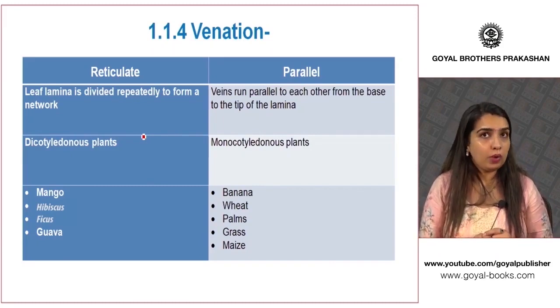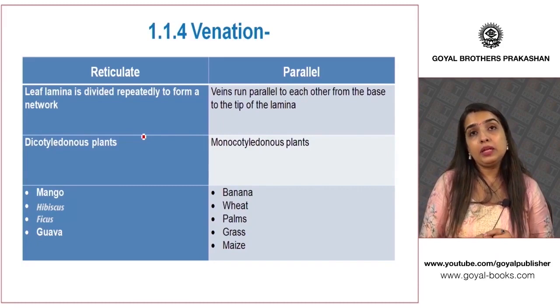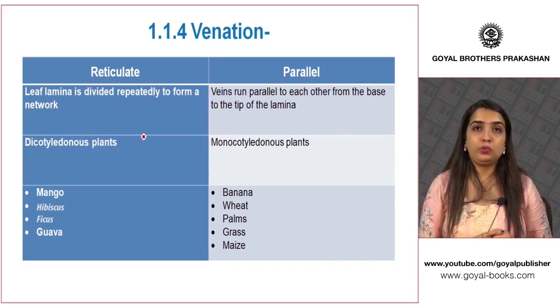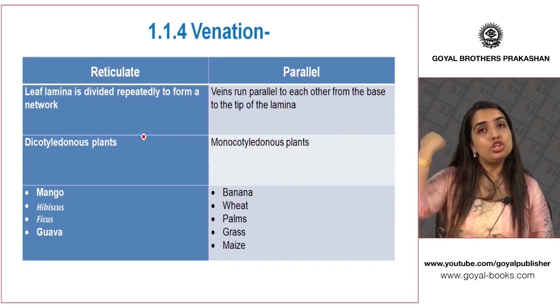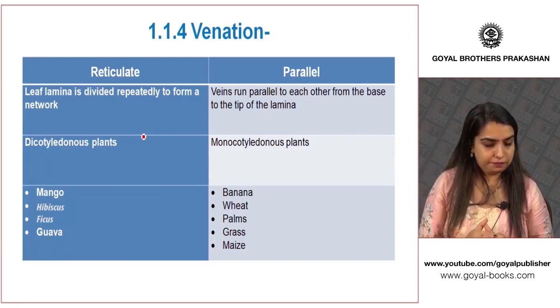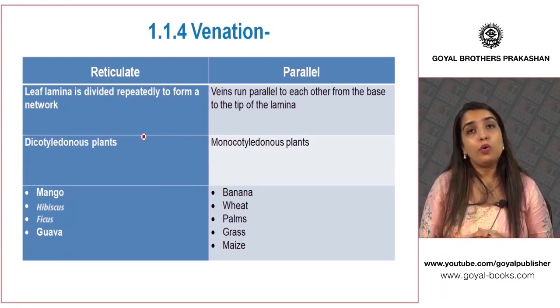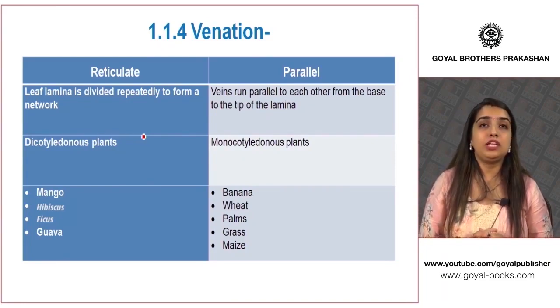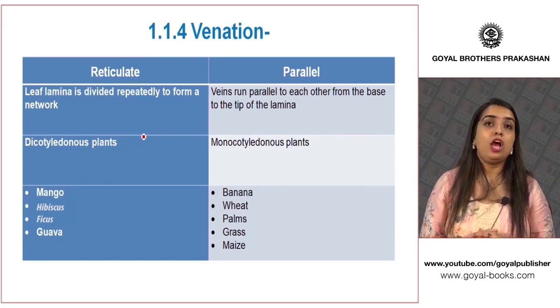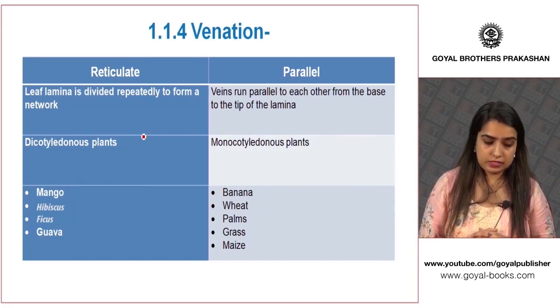Whereas in the parallel one, we see that the veins run parallel to each other from the base to the top of the leaf. Reticulate venation happens in dicotyledonous plants, whereas parallel venation takes place in monocotyledonous plants.